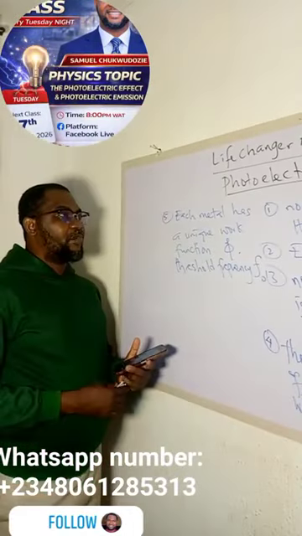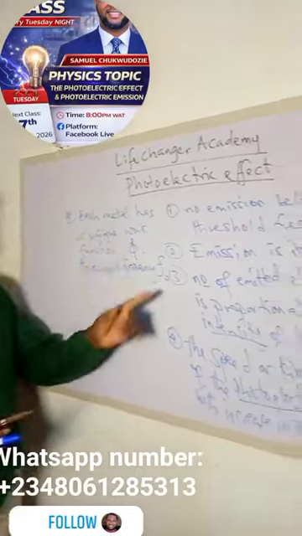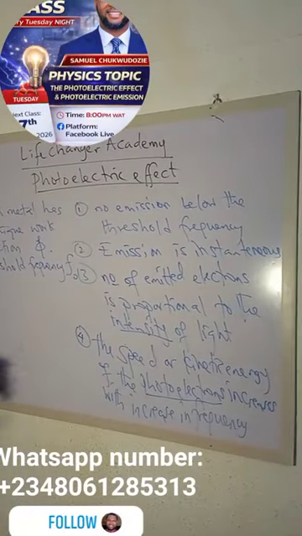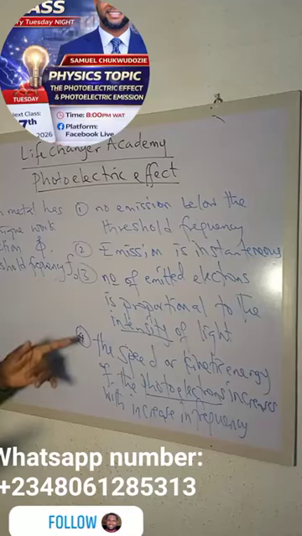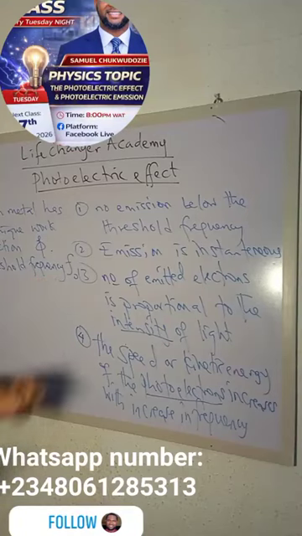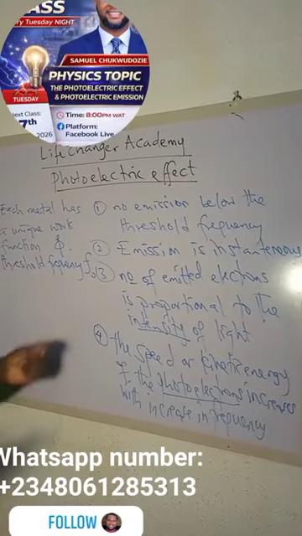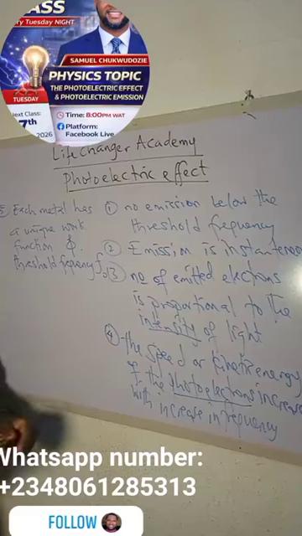These are the 5 properties of photoelectric effect you should remember. Number 1, there is no emission below threshold frequency, or you can even say there is no emission below work function. Number 2, electron emission is instantaneous. That means once light falls on the metal surface, electrons will be emitted. Number 3, the number of emitted electrons is proportional to the intensity of light.